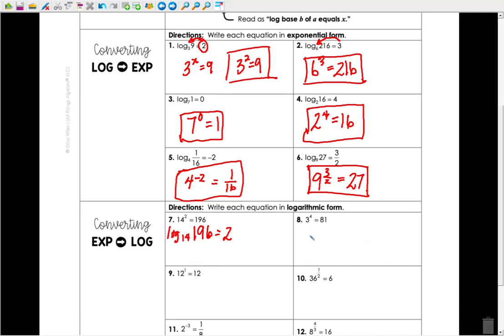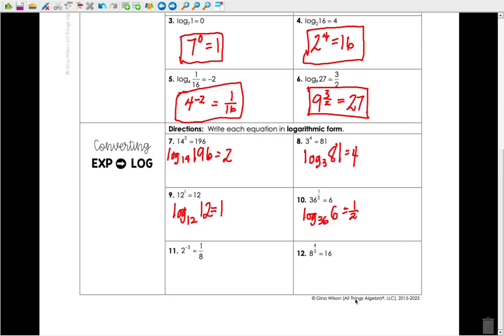This one in logarithmic form would be log base 3 of 81 is 4. Log base 12 of 12 is 1. Log base 36 of 6 is 1/2. Try the next two.